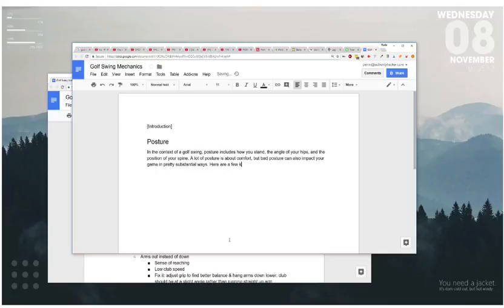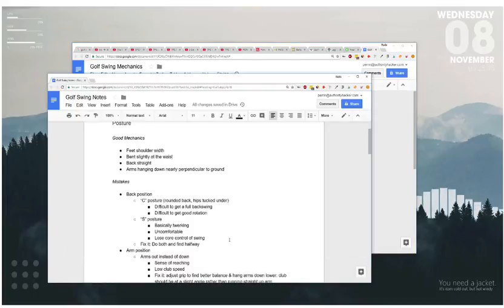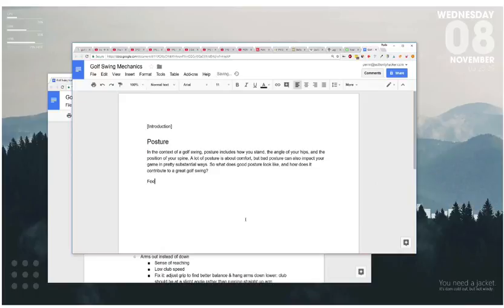Here are a few keys. Actually, let's make a question. So, what does good posture look like, and how does it contribute to a great golf swing? Feet.